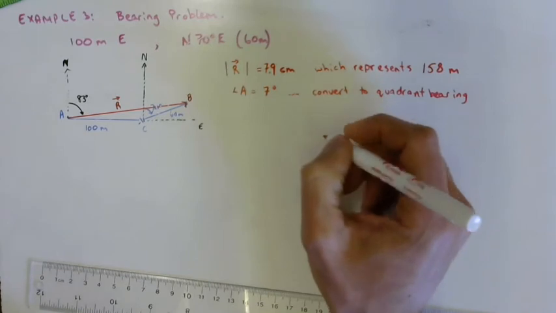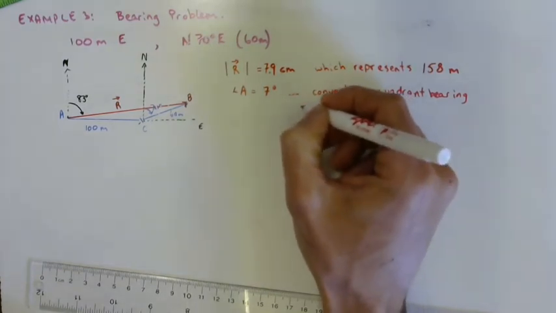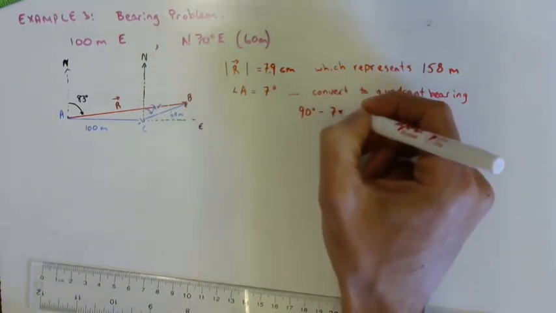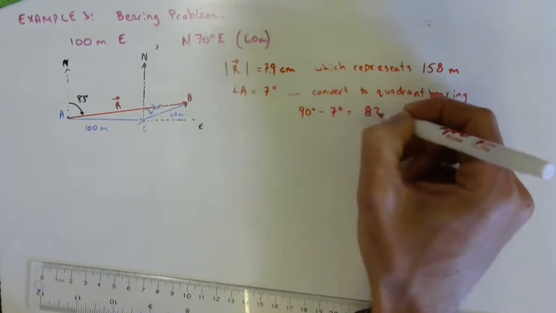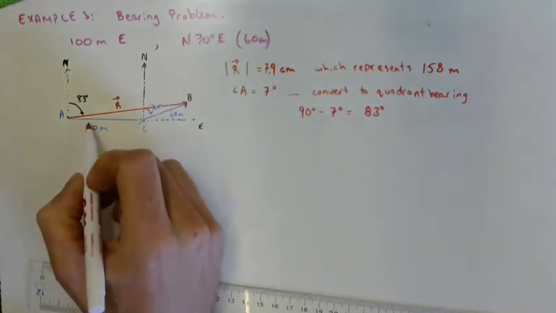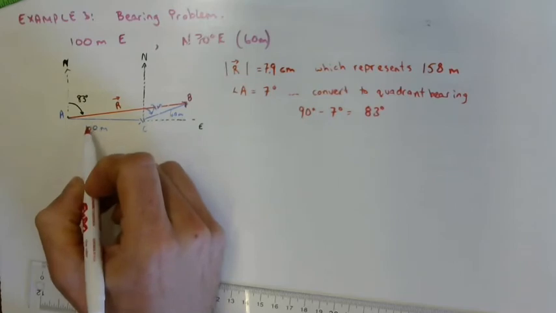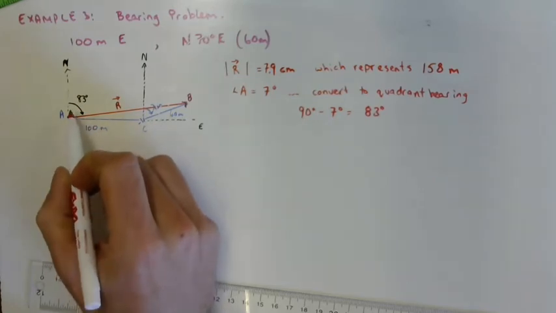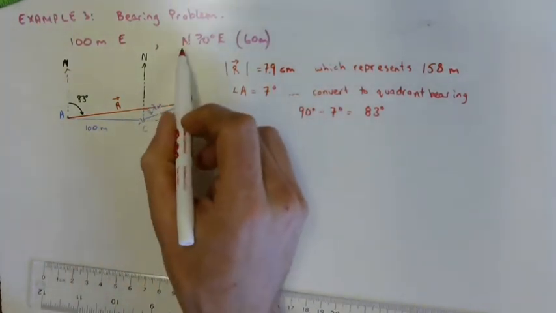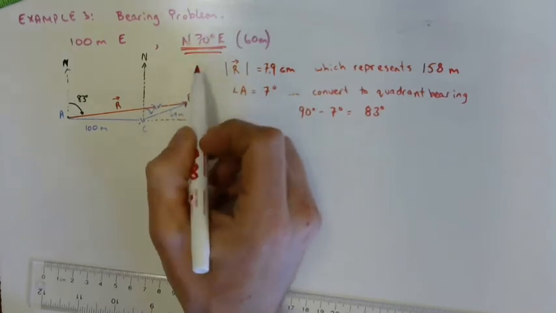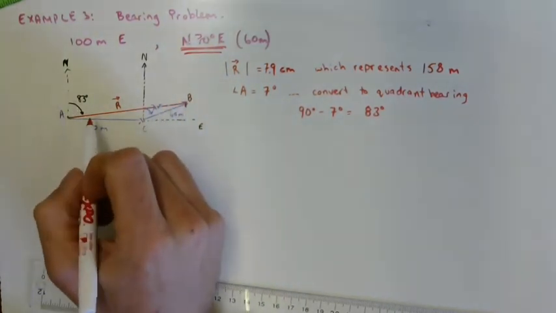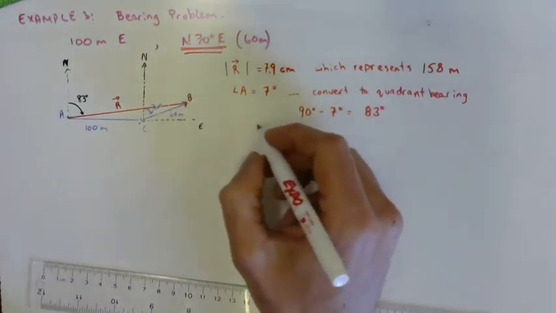So we're going to take that 7 degrees and subtract it from 90 degrees. And so that will show that rather than heading 7 degrees up from east, north toward the north from the east, in a quadrant bearing, which is what we've been given, so that's how we're going to give our answer back. We're going north toward the east 83 degrees.